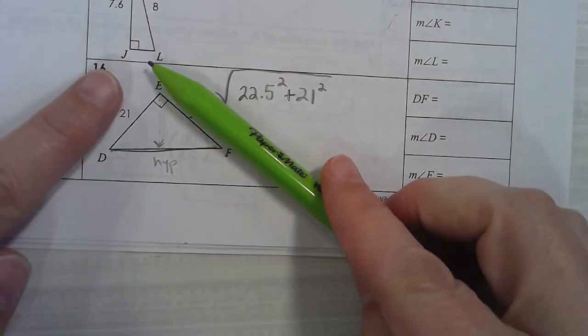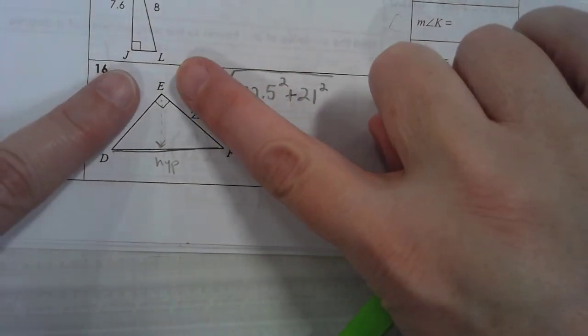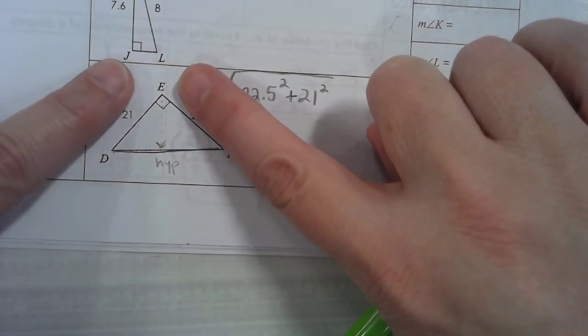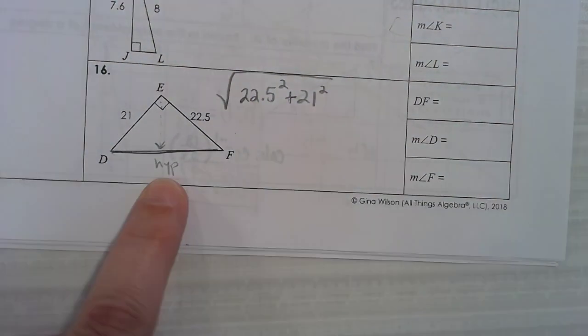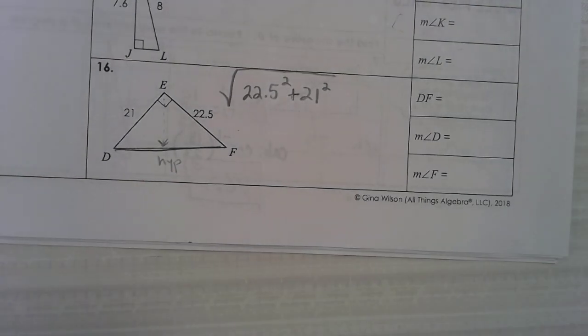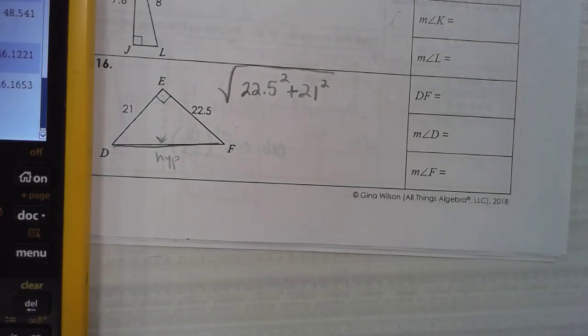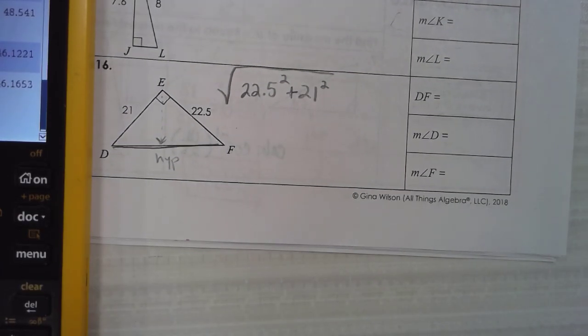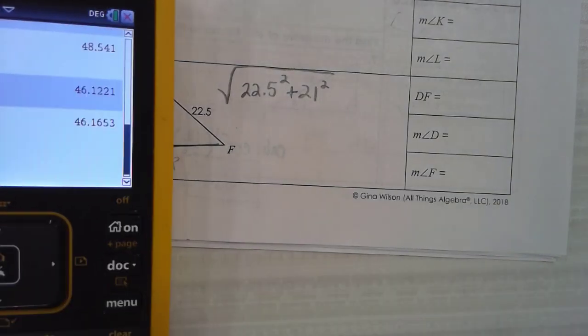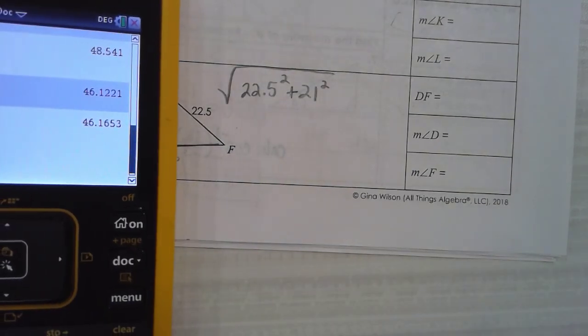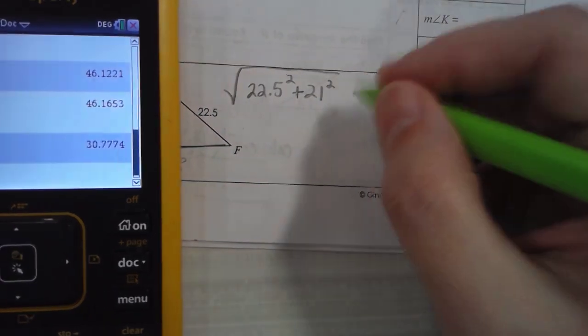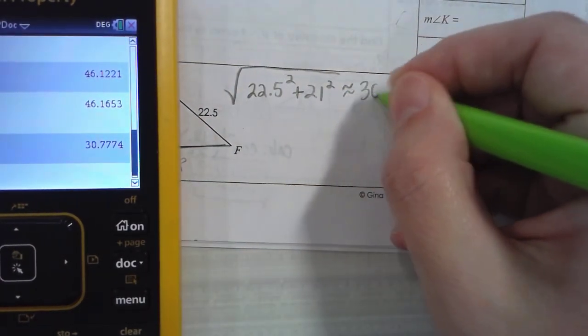The two sides that touch the right angle, those are always the two little sides. Those are called the legs. And then the hypotenuse is the biggest one that doesn't touch the right angle. So square root of 22.5 squared plus 21 squared. 30.8.